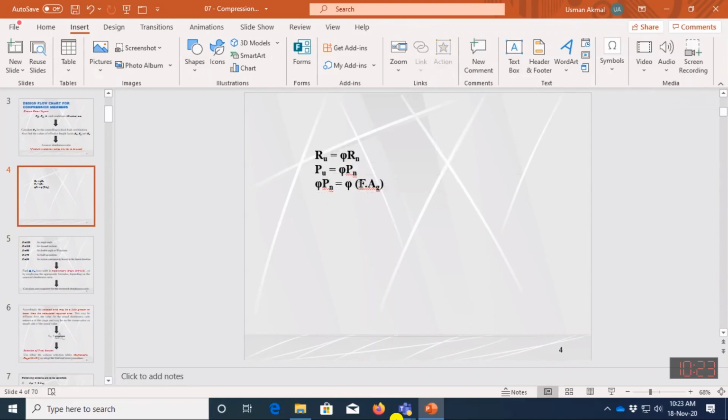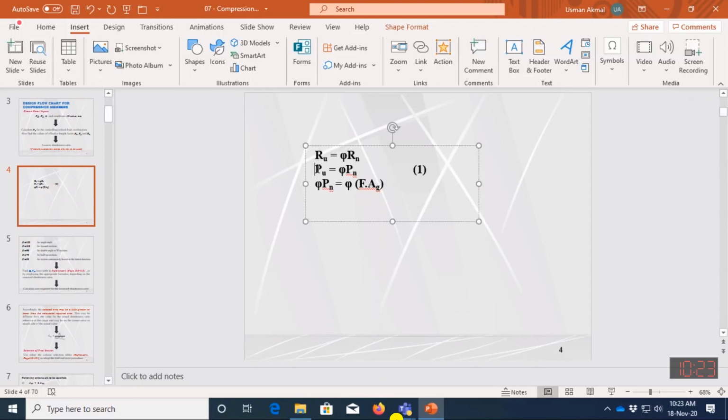So it means that if capacity is equal to this one, and I substitute the phi c Pn value in equation number 1, then equation number 1 will become Pu.